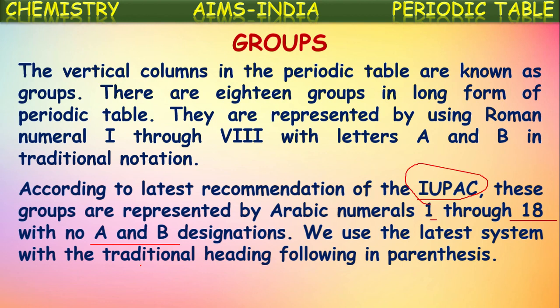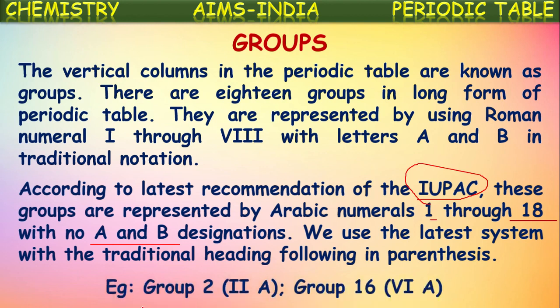Okay. For example, if group 2 is said, that means the second column in the modern periodic table. That is written as group 2, or it also can be represented as 2A group, second A group. If it is group 16, that means the 16th column in the modern periodic table, it is represented as group 16. It also can be represented using Roman numerals as 6A.